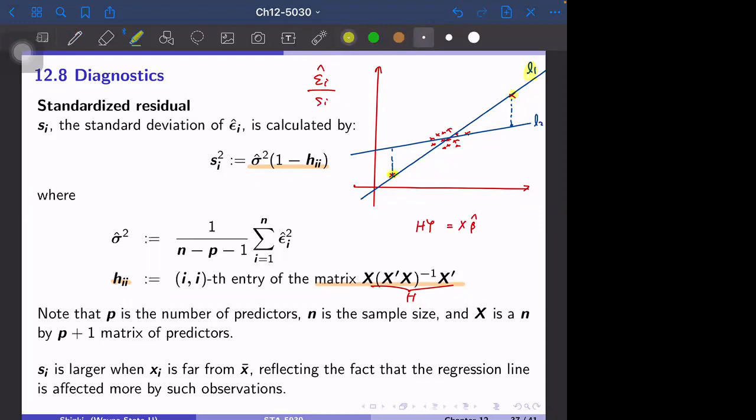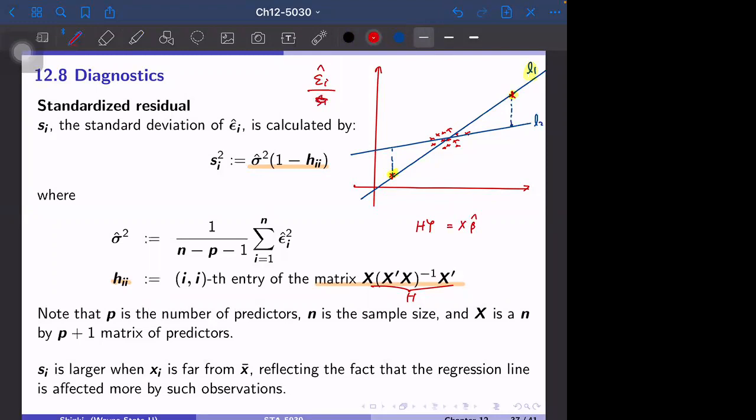That means the residuals for these two points are artificially low, because these observations affect the regression line itself. So it makes the residuals for these two points smaller. You can see the vertical distance between L1 and these observations is really small. So in such a case, we have to account for that fact.